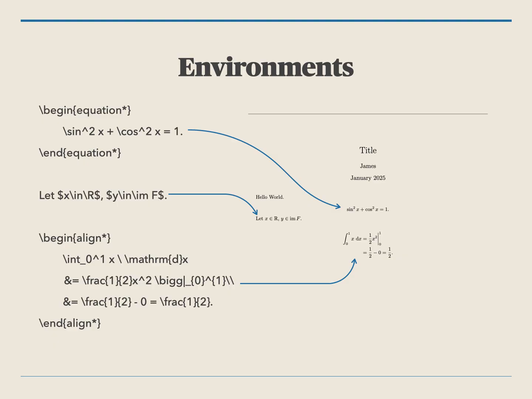Note that the equation environment only allows a single line, and here I use the equation star environment, so it won't have a label at the end. If you get rid of the star, it will be automatically numbered with a label.